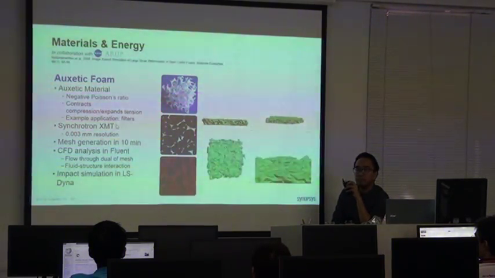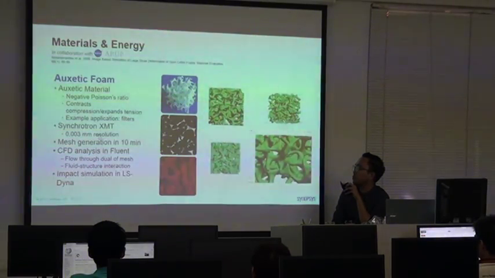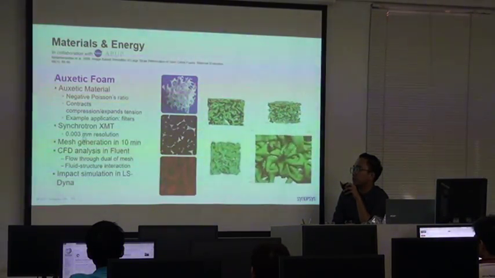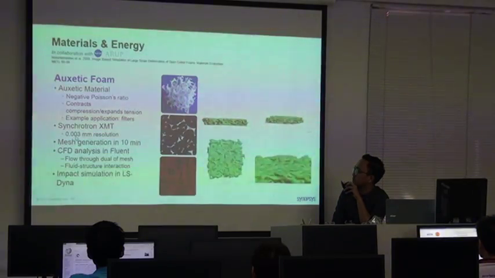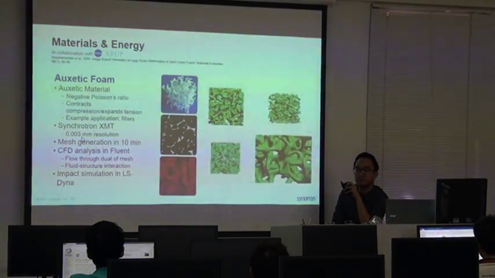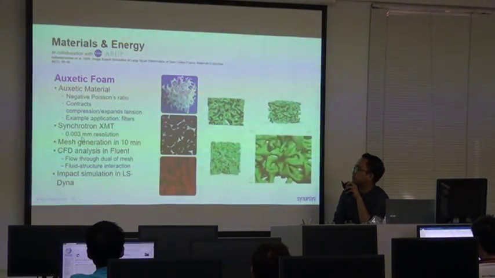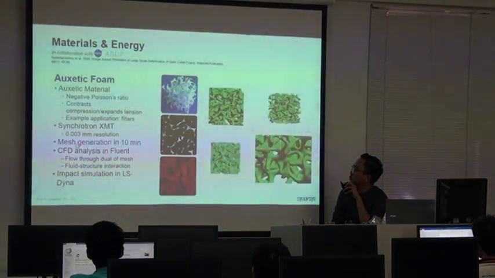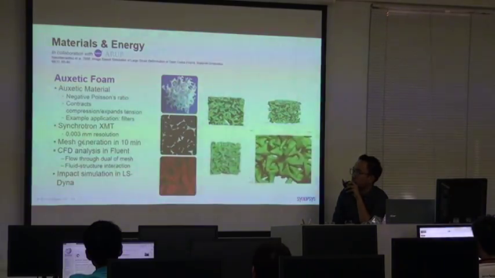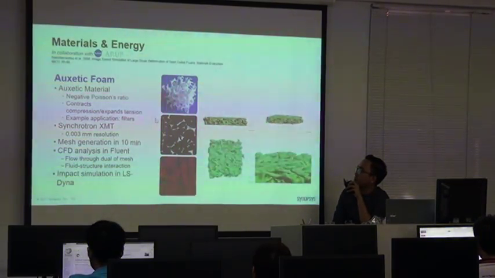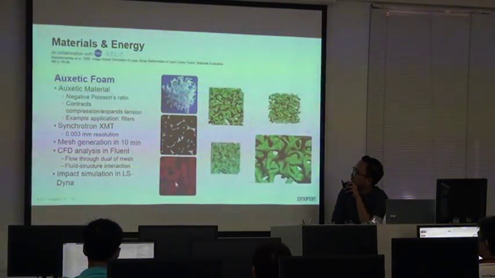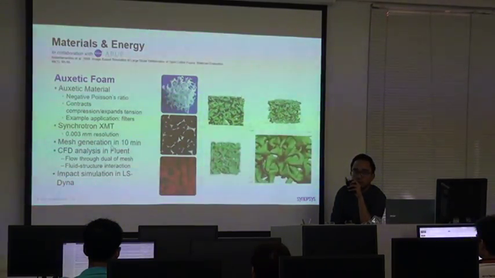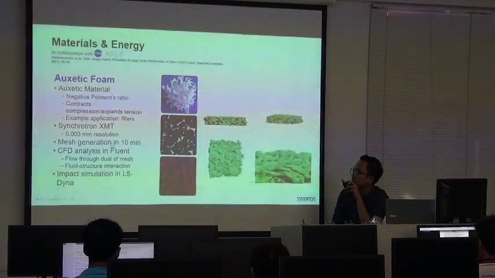So they use an XCT scanner with a resolution of 0.003 millimeter, so I think it's like 3 micrometer. Then they use ScanIP firstly to generate the 3D model, and then they use the FE module to generate the mesh.